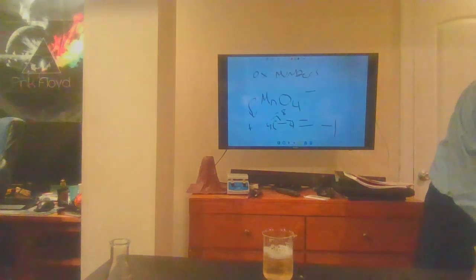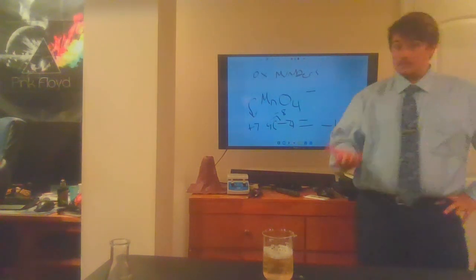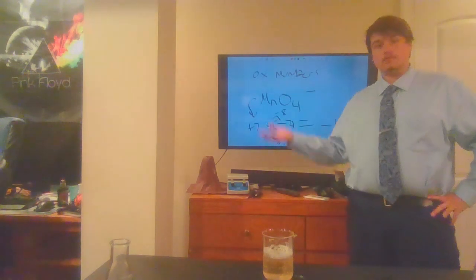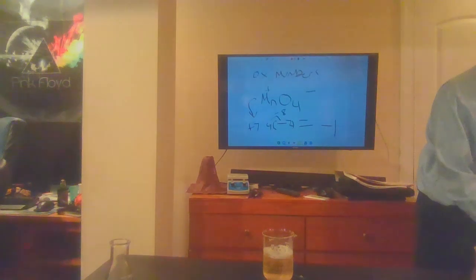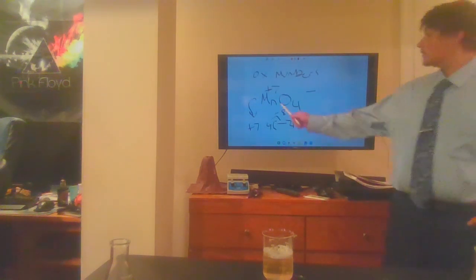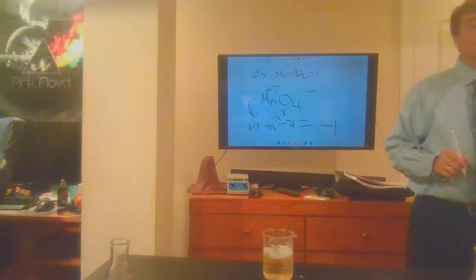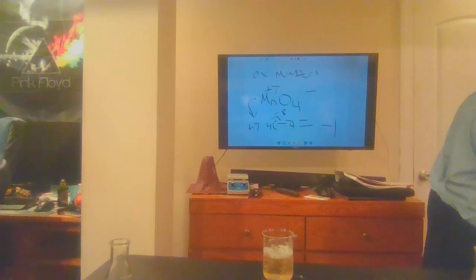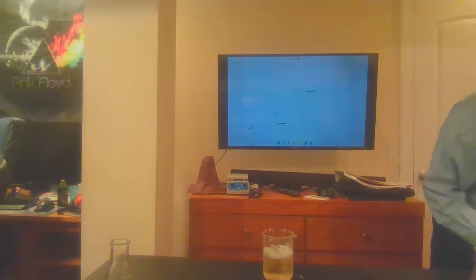It has to be +7, because 7 minus 8 equals -1. So the charge for the manganese, or the oxidation number, has to be +7. Everyone got that? Good. Let's calculate another oxidation number.